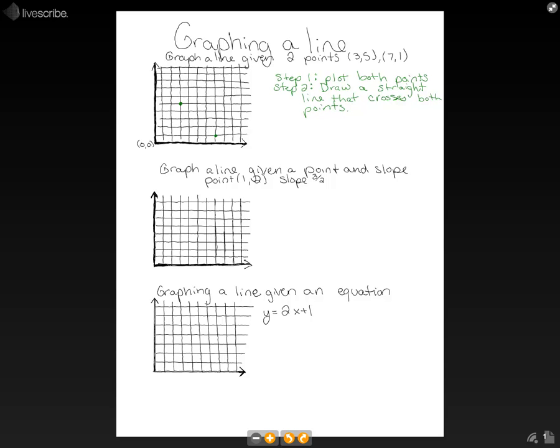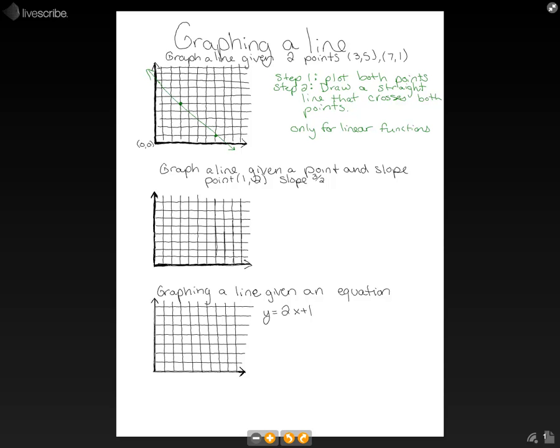So this only works for linear functions. So in this case, our line would look something like this. The best way to do this is if you have a ruler, you can connect those lines really crisply.